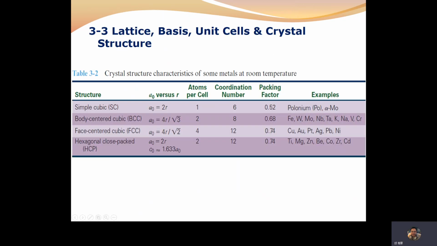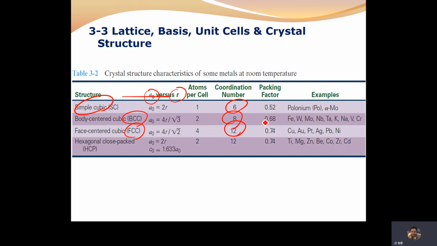Okay, there are some tables shown. For the simple cubic structure, what is the coordination number? What is the BCC structure's coordination number? And for the FCC structure, what is the coordination number? We can also find the lattice parameter related to its atomic radius.